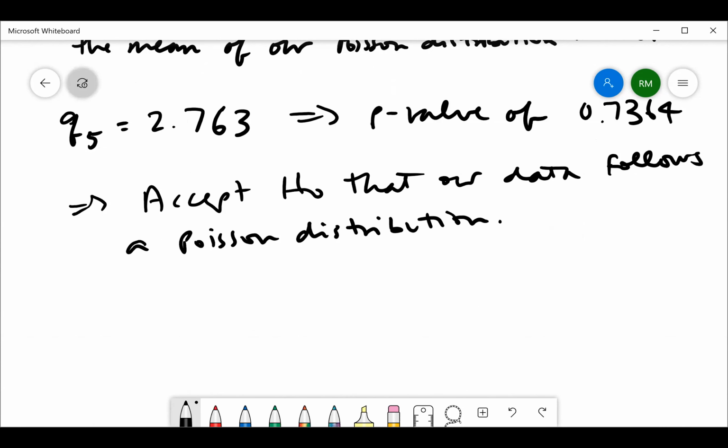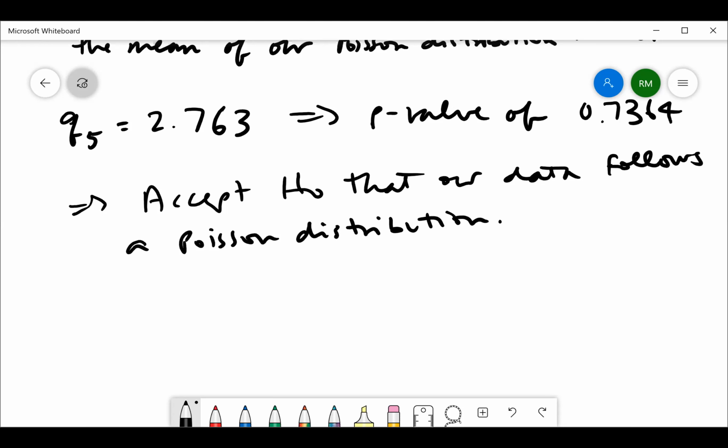Okay, so that was great. That was a discrete distribution where you had infinitely many possibilities. So the last thing we want to do is how can we use this goodness of fit test to consider a continuous type distribution? So how do we handle a continuous distribution where you're not going to have any two observations the same?